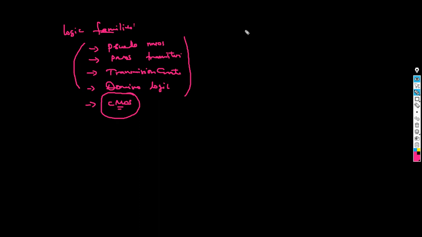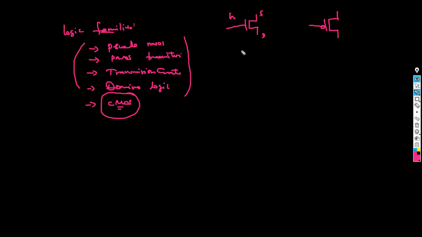So let's understand one thing here. You know there is an NMOS, and there is a PMOS. Say for example, this is your source, this is your drain, and this is your gate.